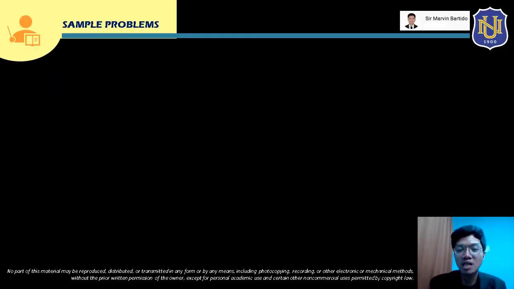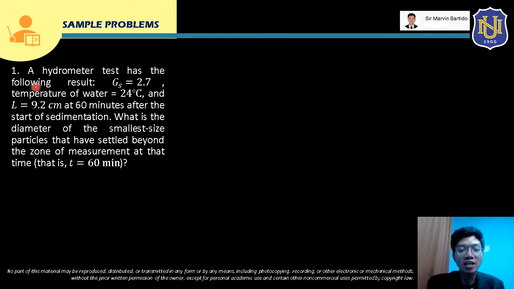Okay, so let's solve sample problem number 1. A hydrometer test has the following result. G sub S equal to 2.7. Temperature of water is equal to 24 degrees Celsius. And L is equal to 9.2 centimeter at 60 minutes after the start of sedimentation. What is the diameter of the smallest size particles that have settled beyond the zone of measurement at that time? So that is T is equal to 60 minutes.